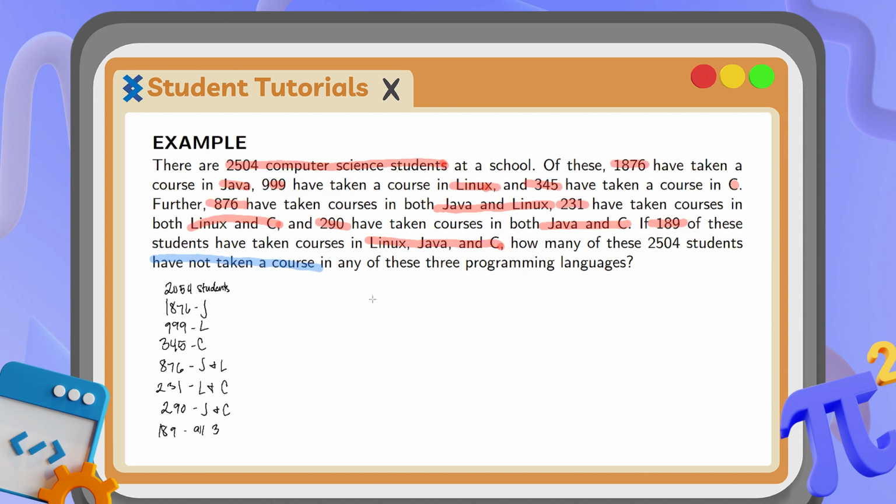So we can say this one is Java, this one is Linux, and this one is C.